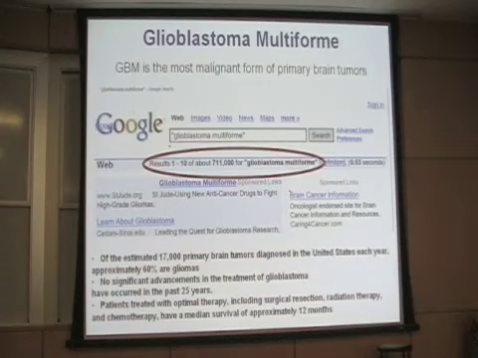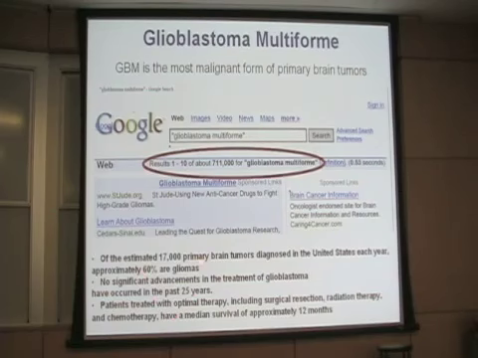Now I would like to say a few words about this kind of tumor. Glioblastoma multiforme is one of the most dangerous and malignant forms of primary brain tumors. If you Google glioblastoma multiforme, you find more than 700,000 links.